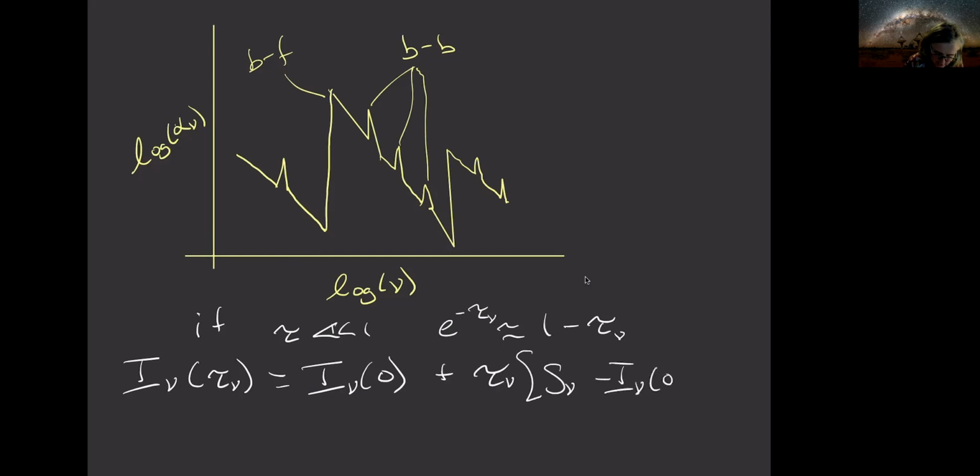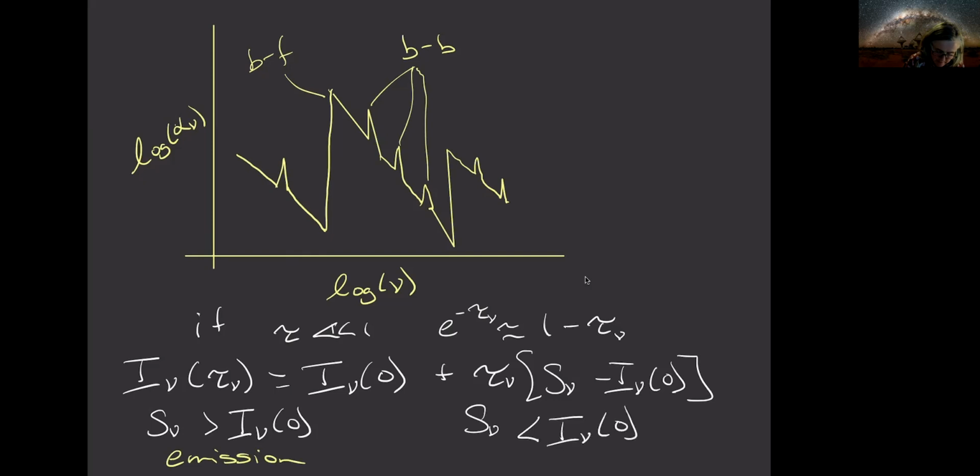This is just the standard solution to the radiative transfer equation for small optical depths. And from that, you can see straight away that if the source function, which is our atomic gas with its various lines, is greater than the incident radiation, then we have emission. And if instead the source function, which is our gas itself, is less than the incident radiation, then we have the natural situation of absorption.